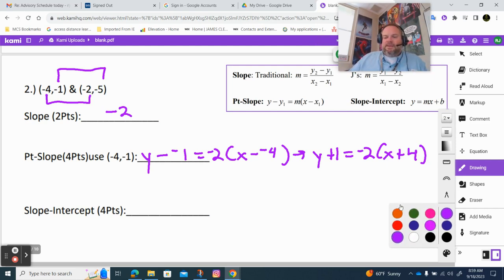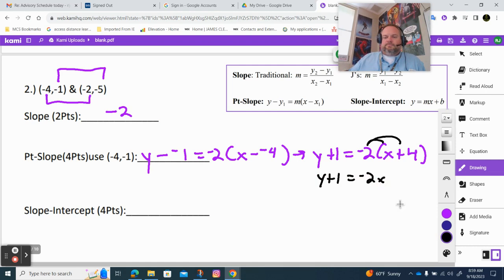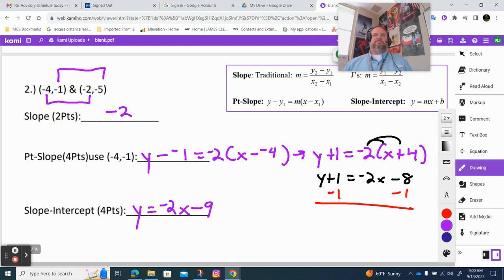All right, and we distribute. Then we subtract the 1. So our answer for slope intercept is y equals negative 2x minus 9.